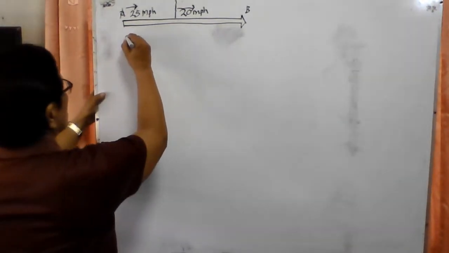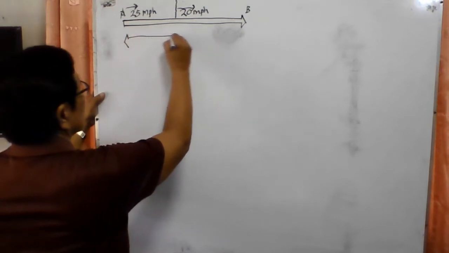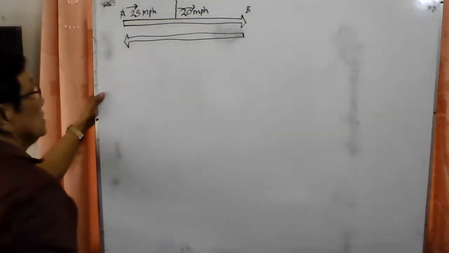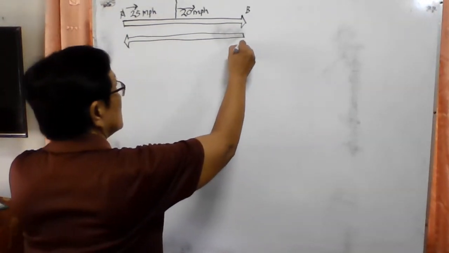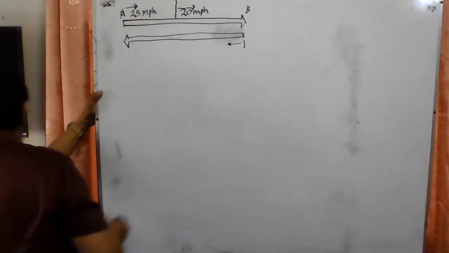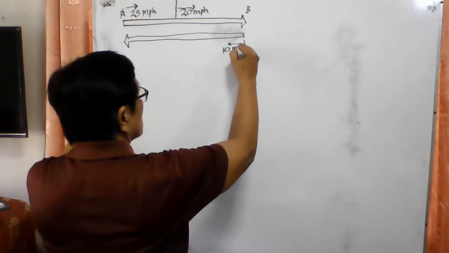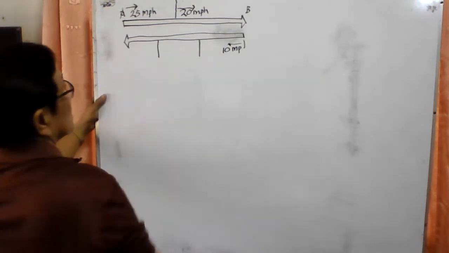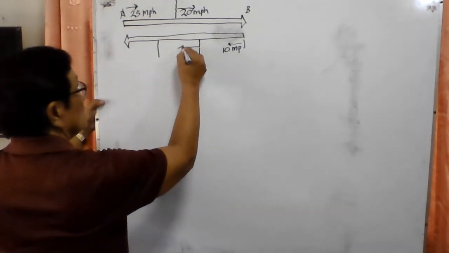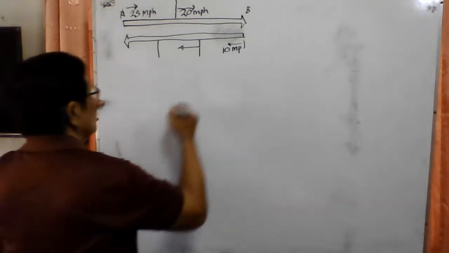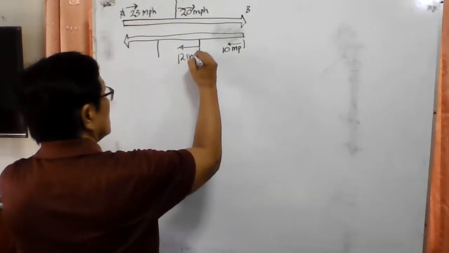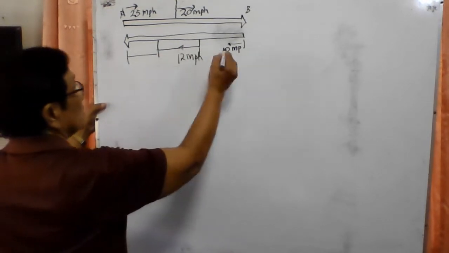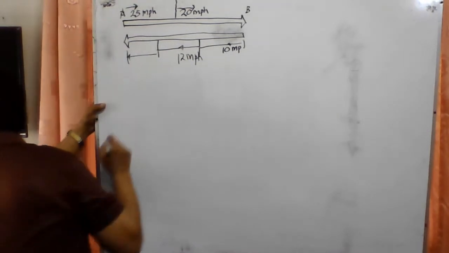From point B, she travels back. She starts with 10 miles per hour, and 1/3 of the way she speeds up to 12 miles per hour, and for the rest of the 1/3 she slows down to 10 miles per hour.